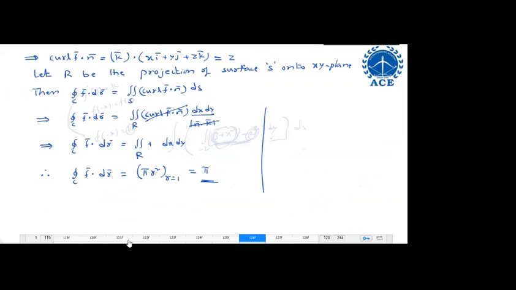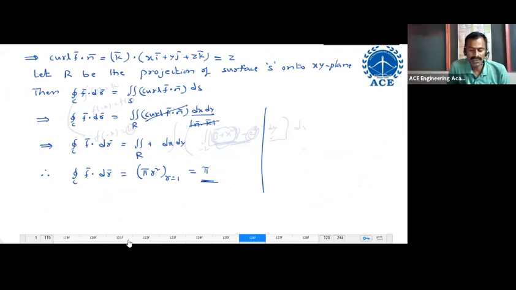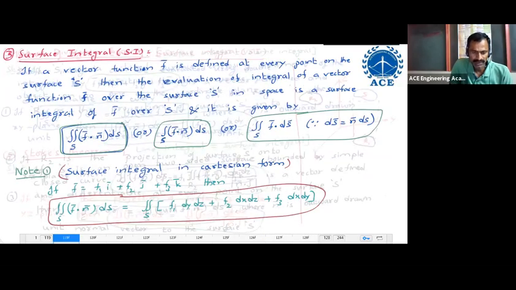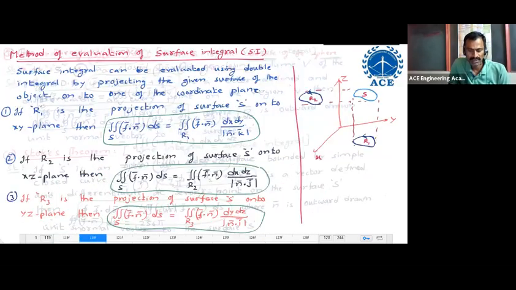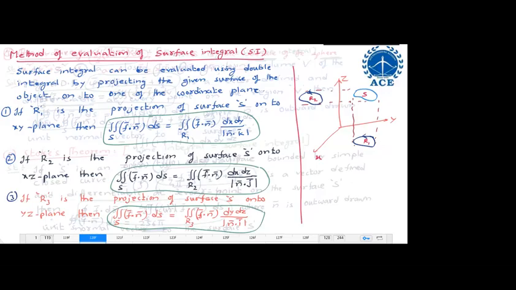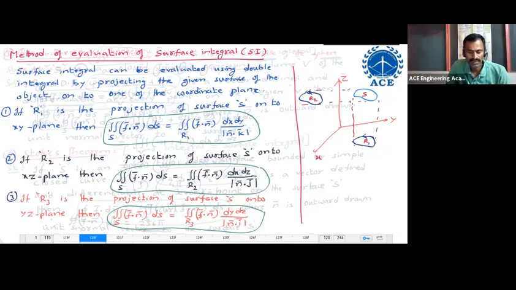We have taken the projection of the surface onto XY plane. Because of the XY plane surface, in place of ds, we write this only. In the surface integral, we have written this only. Next page is this. The right side diagram. Based on the projection, we take the one of the relation only.